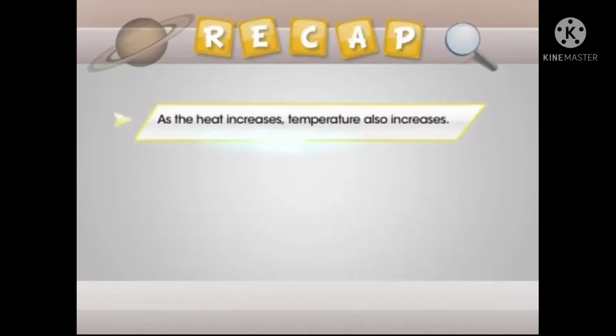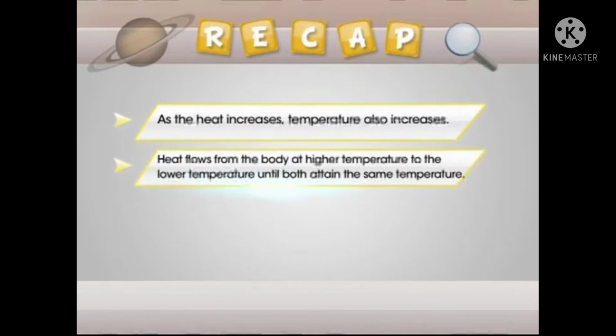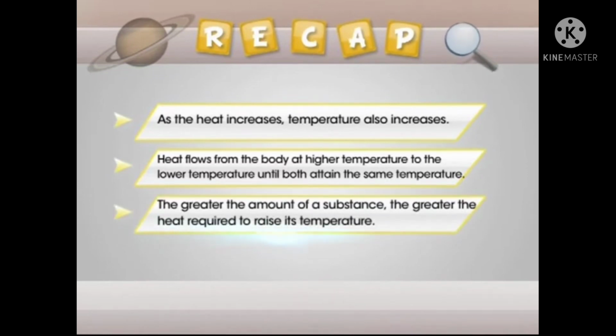As the heat increases, temperature also increases. Heat flows from the body at a higher temperature to a lower temperature until both attain the same temperature. The greater the amount of the substance, the greater the heat required to raise its temperature.